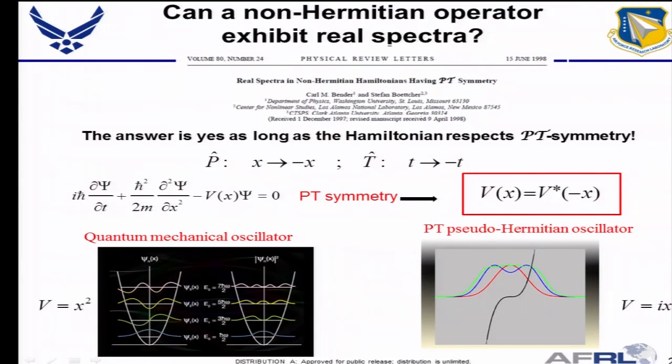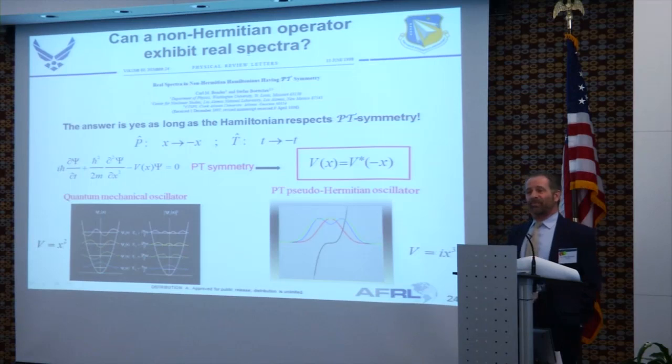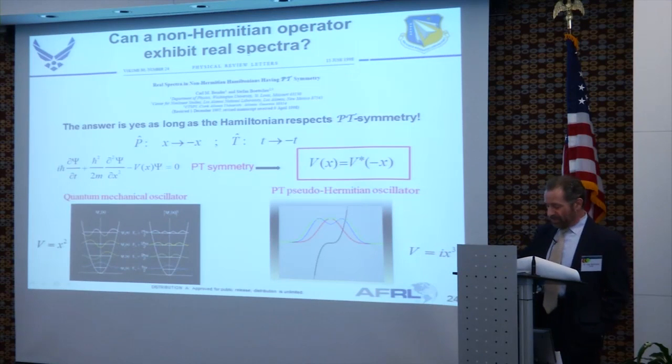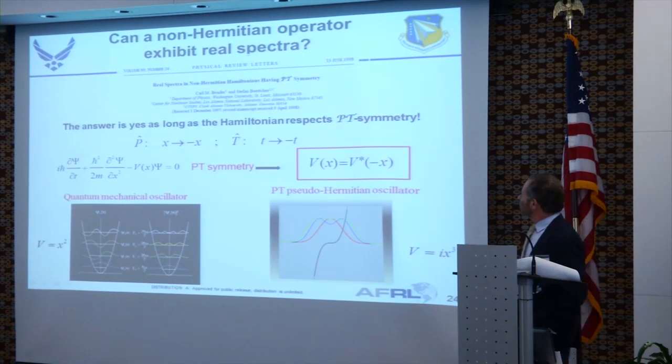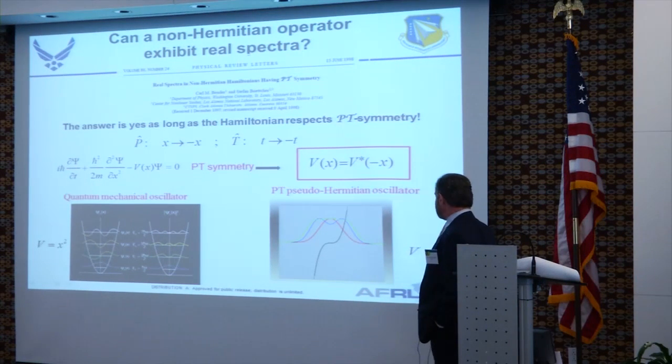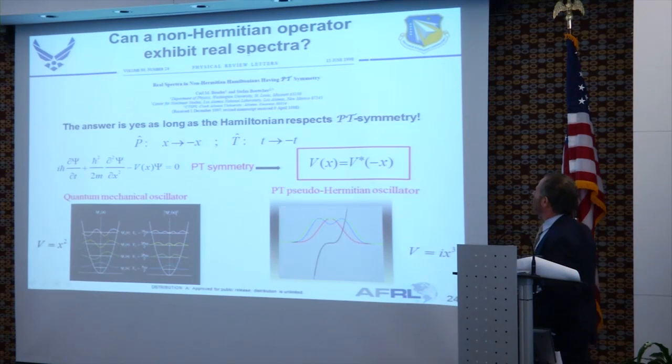The eigenvalues that you get from V equal x squared, which is a standard quantum mechanical oscillator, and the eigenvalues you get for V equal i x cubed are the same. The eigenfunctions are not, but the eigenvalues are, and that's the only question they wanted to answer. Can you get real spectra out of bizarre Hamiltonians?